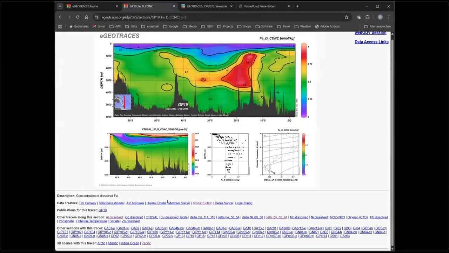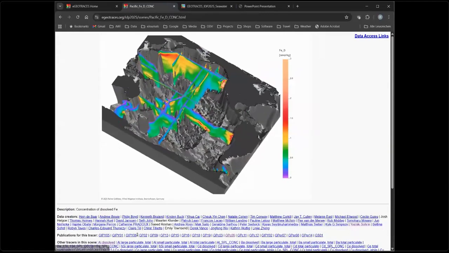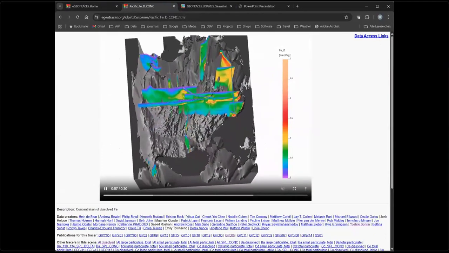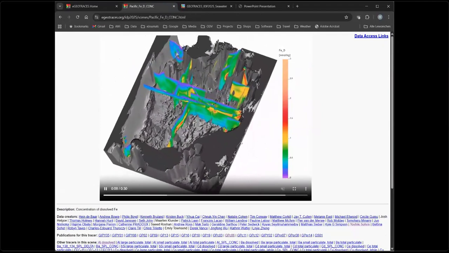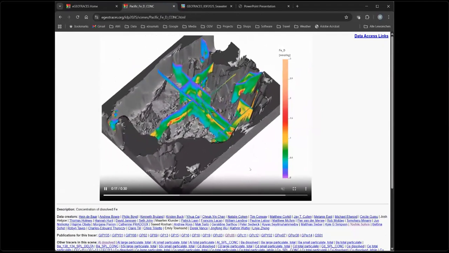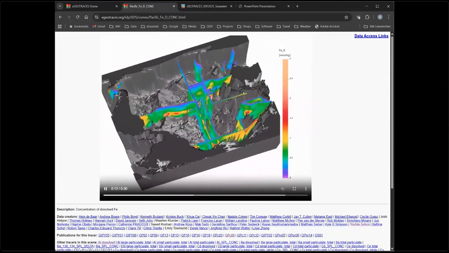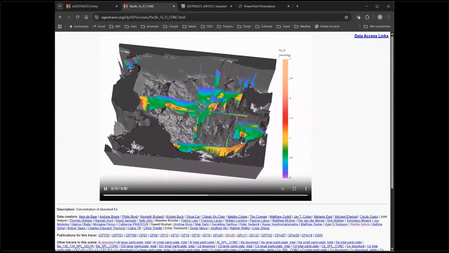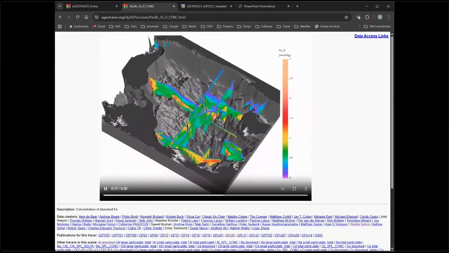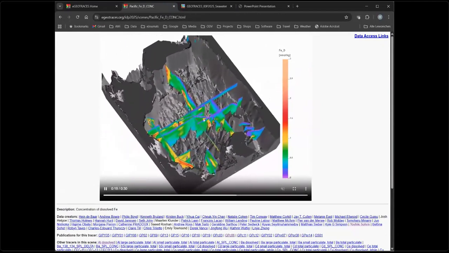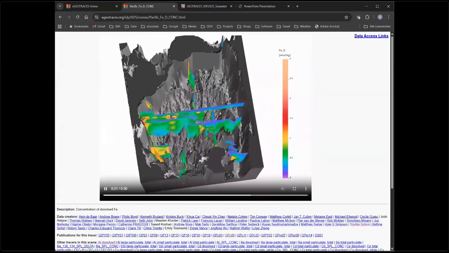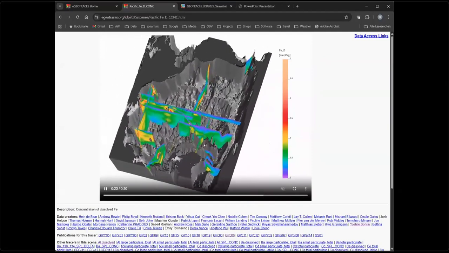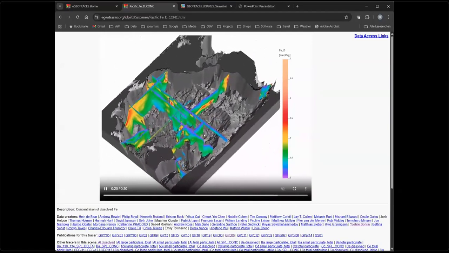And if then you want to see the 3D animated image, then you go to the final line down there and you would see the new dissolved iron rotating zine in the Pacific that has the Chinese new data in it, but it also has some other process study and compliant data new since the IDP 2021.